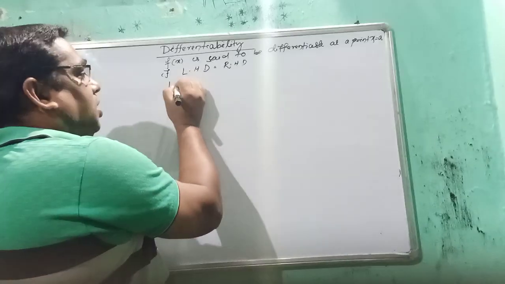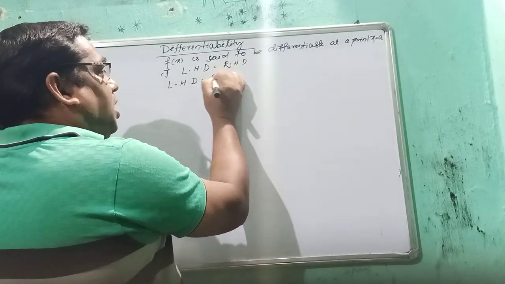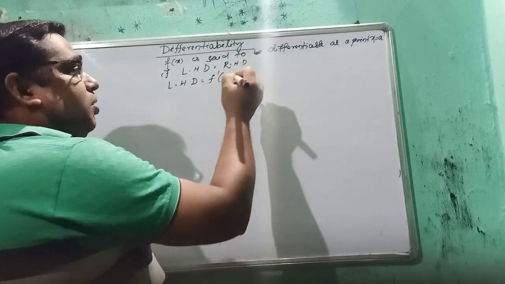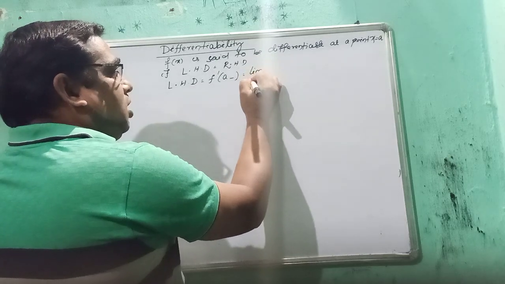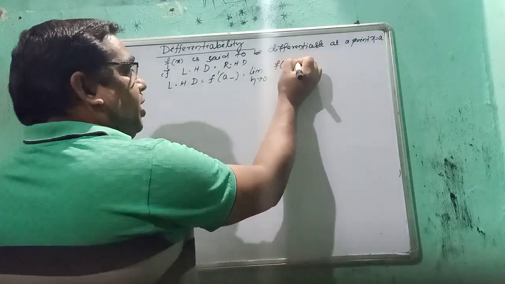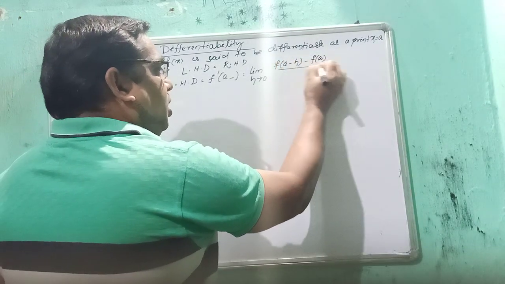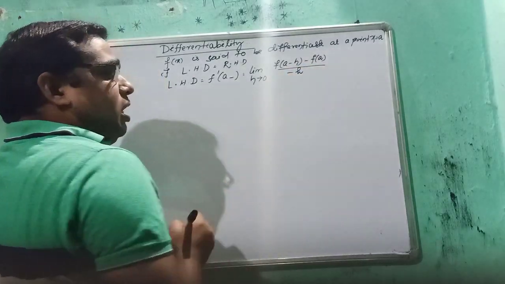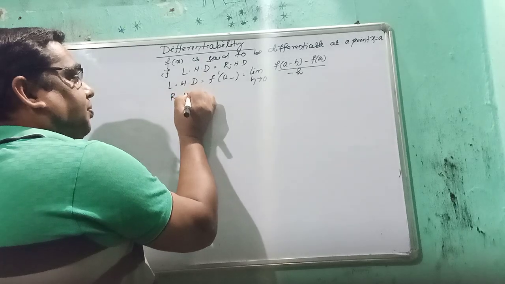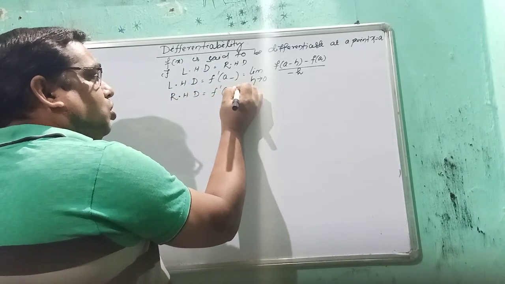And what is the left hand derivative? Left hand derivative is f dash a minus. Its value is limit h tends to 0, f(a minus h) minus f(a), divided by minus h. Similarly, the right hand derivative is f dash a plus.